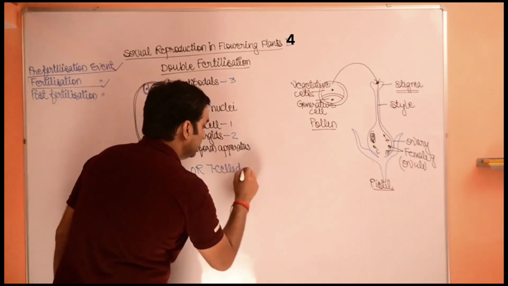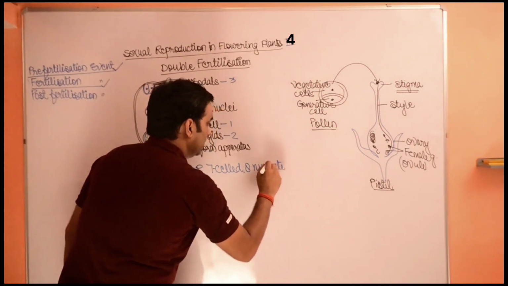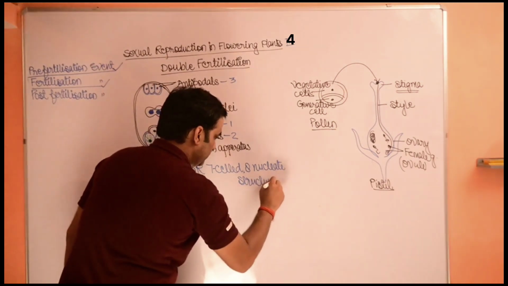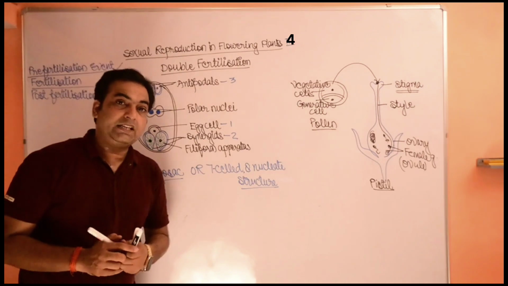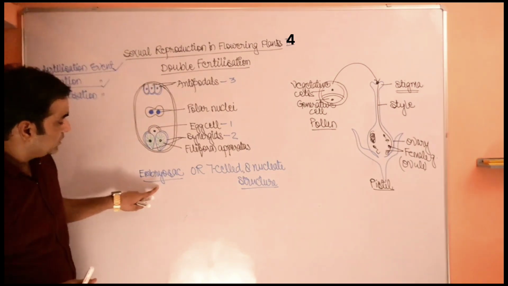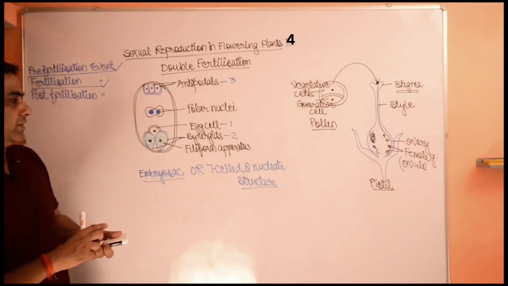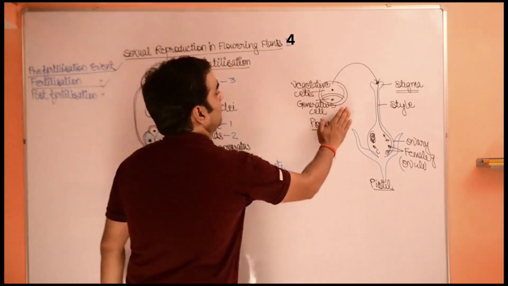So it is a 7-celled, 8-nucleate structure. This is the structure of an embryo sac, and this is the male gamete.